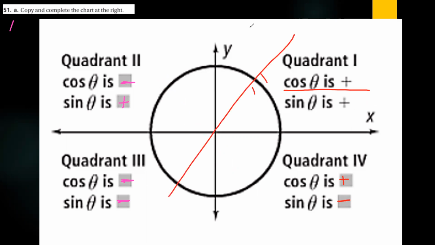And here also we have the same mirror, but cosine is negative, cosine is positive. Sine is positive, sine is negative. They are opposite to each other. This is for quadrant 2 and 4. So this is for these 4 quadrants. As you see here, we see where the cosine is positive and where the sine is positive.